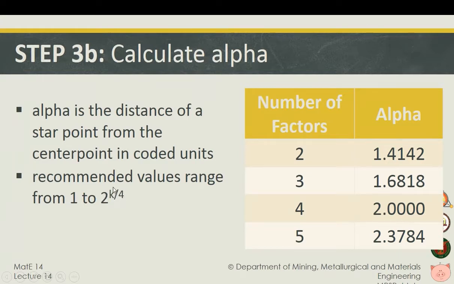That's 2 raised to 1 half, or just the square root of 2, and the square root of 2 is equal to 1.4142. Okay, if you look again, for example we have 4 factors, that's 2 raised to 4 over 4, which is 2 raised to 1, and 2 raised to 1 is equal to 2. So you can use this equation to solve for the alpha value.